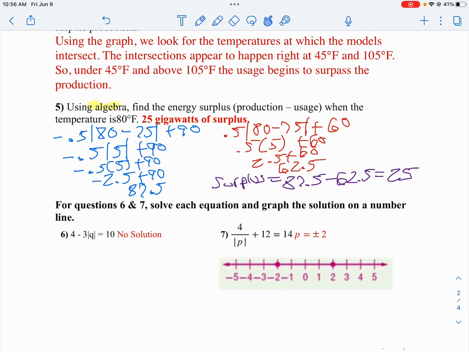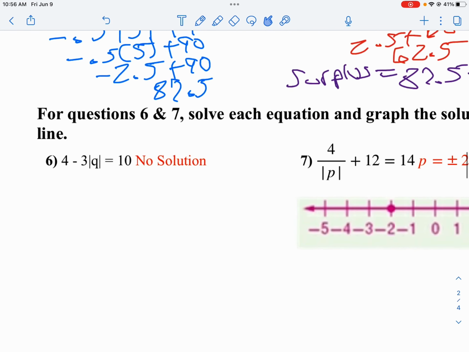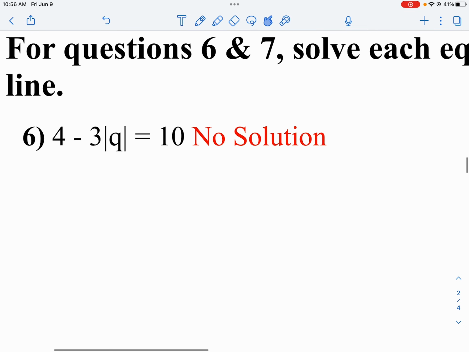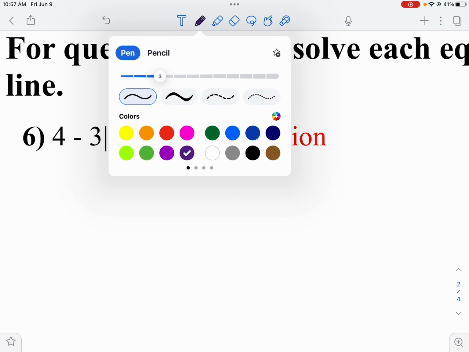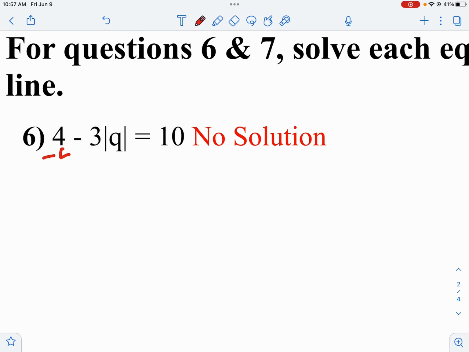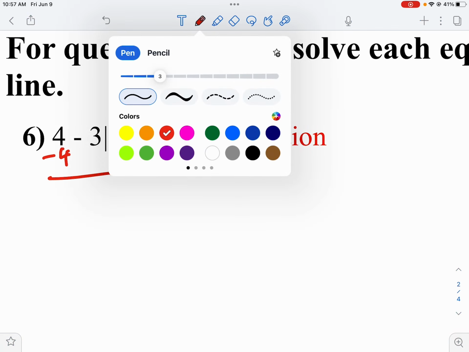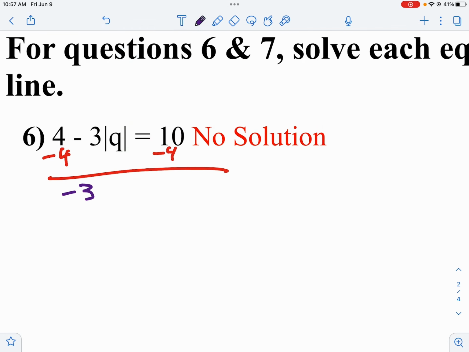On question number 6, I'm sorry, we're going to solve this equation. Remember, to solve an absolute value equation, you've got to get the absolute value by itself first. So the first thing I'm going to do is subtract 4 from both sides. So we get the absolute value of negative 3 times the absolute value of q equals 6.